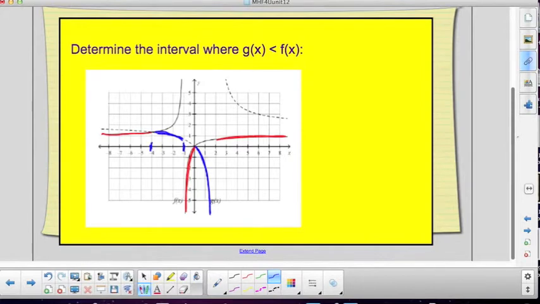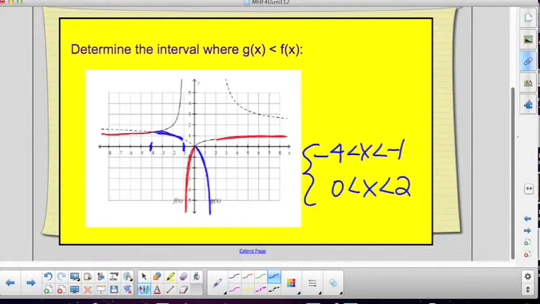In blue, my blue graph, my f of x, is actually going to be when g of x is less than f of x, means in the range from -4 to -1, and then again from the range between 0 and positive 2, because after that the function would be greater than. So 0 is less than x is less than 2. That would be the answer to this question, when g of x is less than f of x. So I've highlighted that in blue.